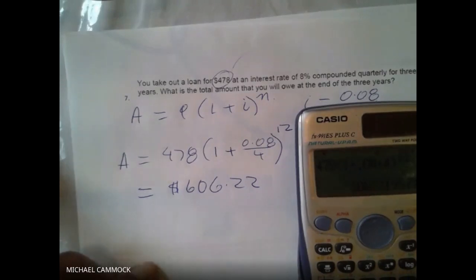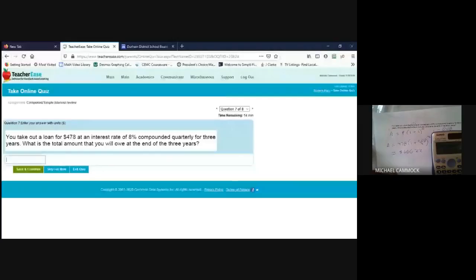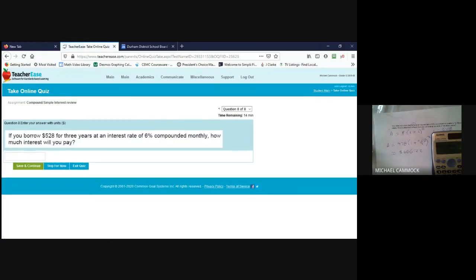So I'm going to put that into the window, teacher ease, allow. I'm going to put that number in right here. Dollar sign every time. Don't forget that. Don't get it wrong because of the dollar sign. 606.22.